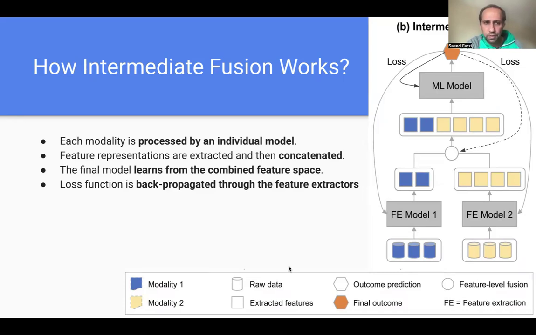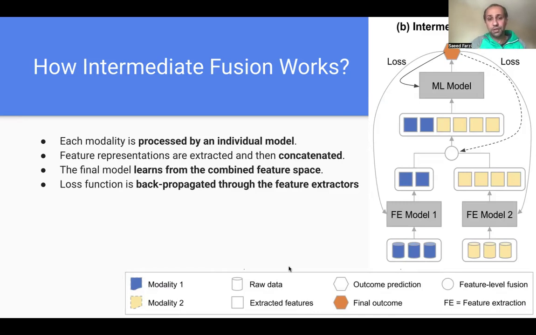In the previous video, I was talking about the early fusion models and techniques. Today, I'm gonna explain intermediate fusion. In this technique, each modality is processed by an individual model. Feature representations are extracted and then concatenated.